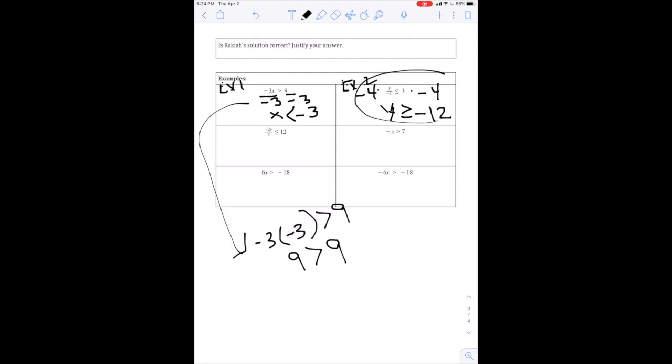Again, if I do this check down here, I substitute negative 12 in place of the y, and I get 3 is less than or equal to 3. And 3, in fact, is equal to 3.